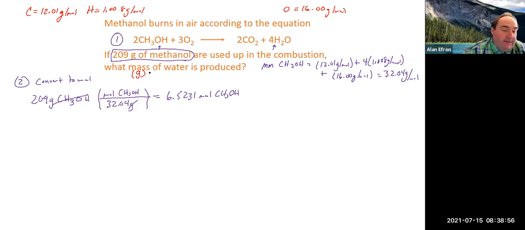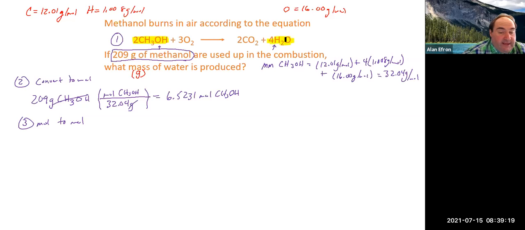Now remember, that's good. We've got it into moles, and now we can go to our mole to mole relationship from the balanced equation. The 2 things we are interested in are the one they gave us and the one we are trying to find.